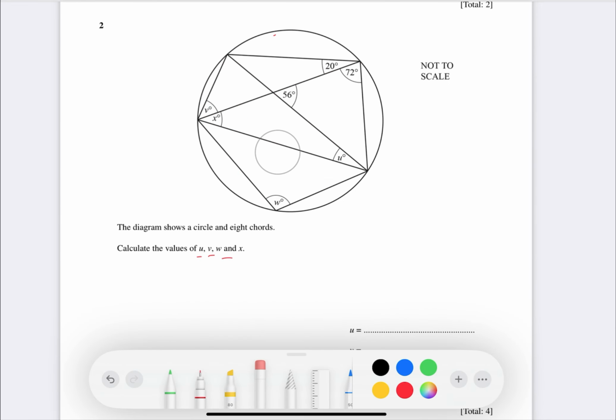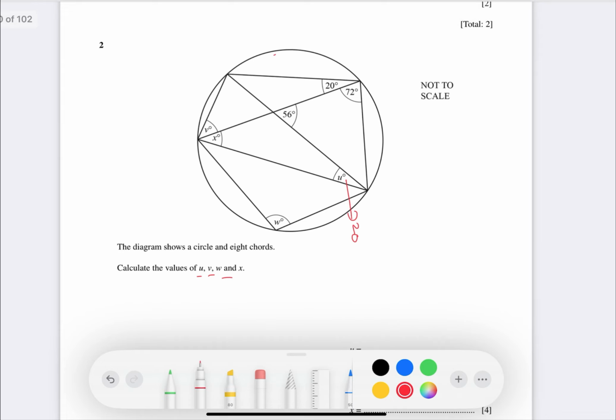All right. We know u. So let me write down u now. U is 20. Now, what else can we figure out from here? We can see one thing, that if this is 56, this complete angle is 180. So the remaining part would be, yes, say I'm listening. 180 minus 56. What is 180 minus 56? 124.